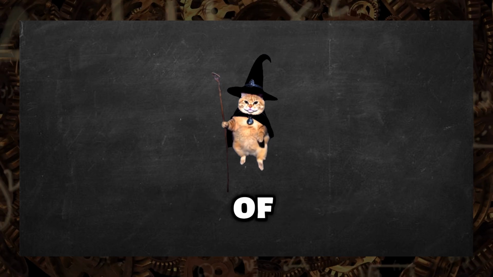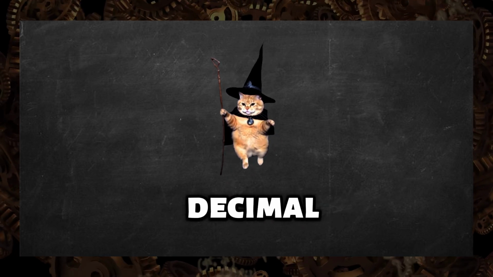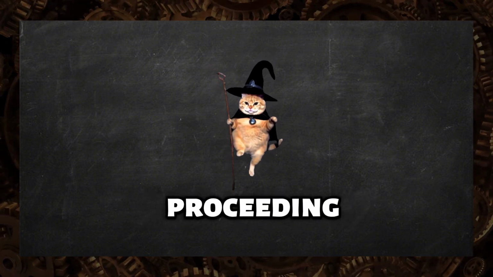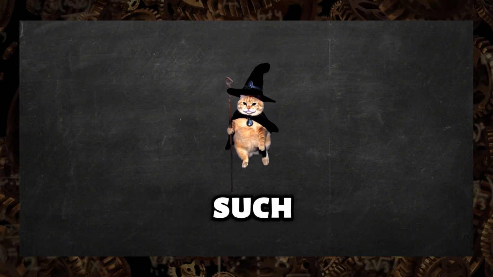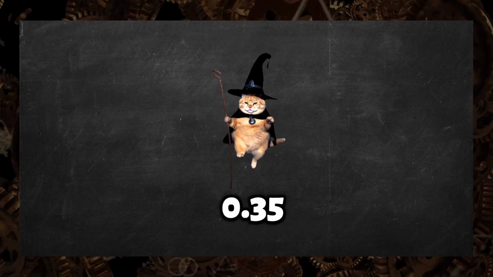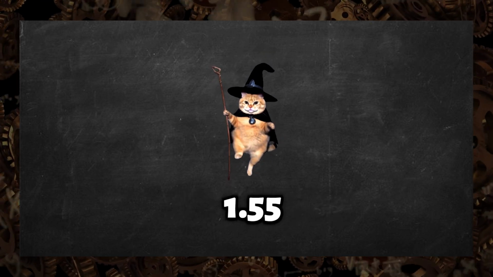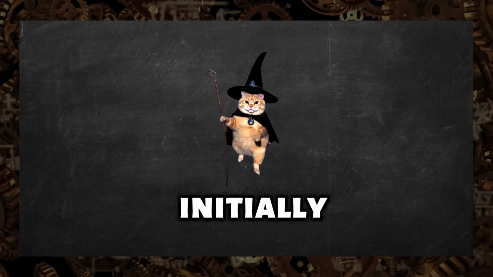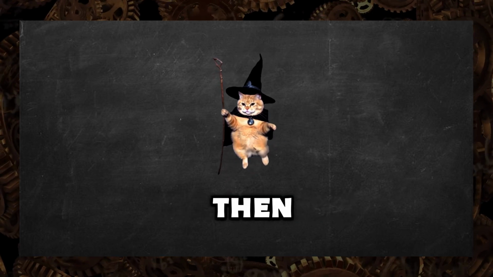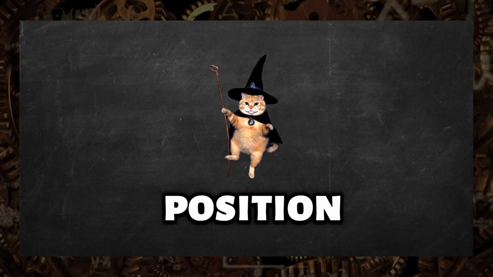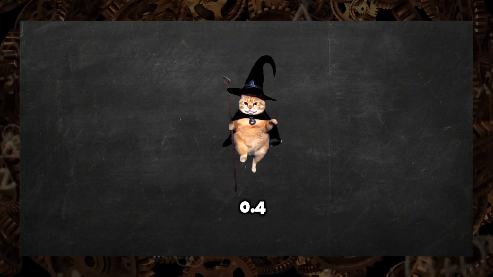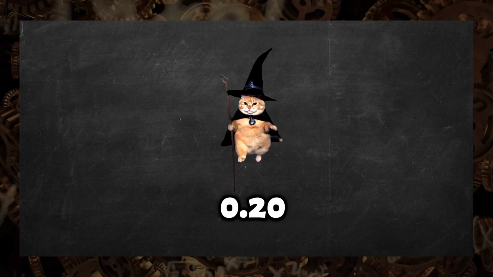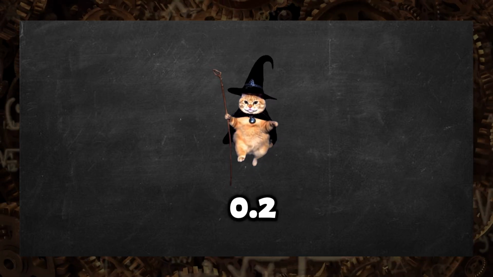Addition and subtraction of decimals require aligning the decimal points vertically, filling with zeros if necessary, then proceeding as with whole numbers, such as 1.2 plus 0.35, aligning to yield 1.55. Multiplication disregards points initially, multiplying as integers, then counting total decimal places to position the point in the product, like 0.4 times 0.5 equaling 0.20 or 0.2.